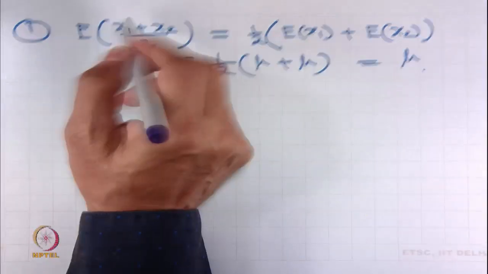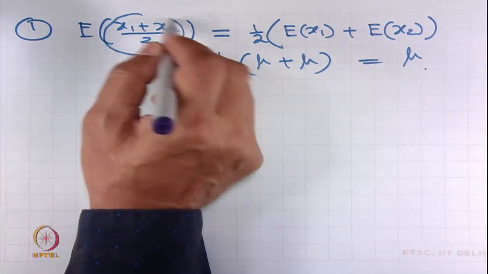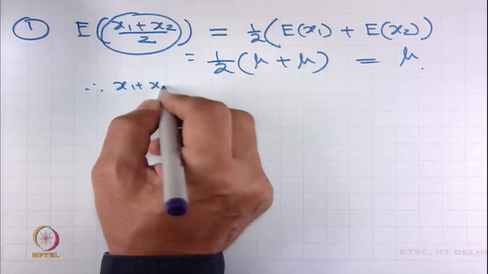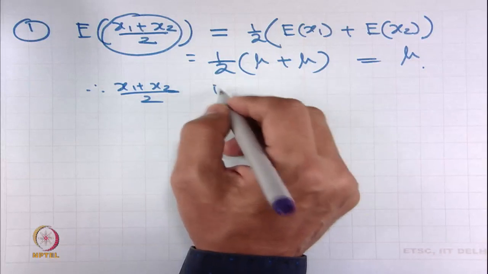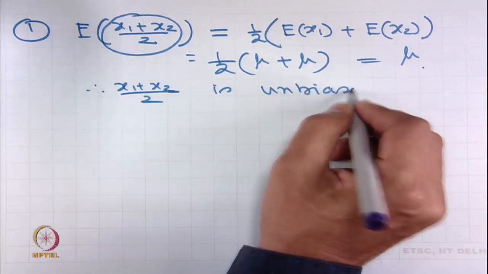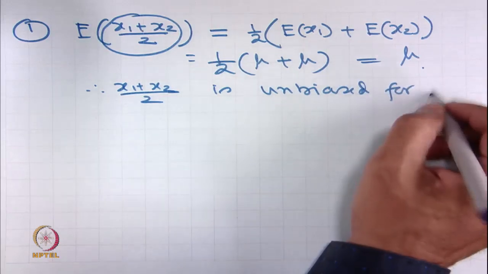Therefore, x 1 plus x 2 by 2 is unbiased for mu.